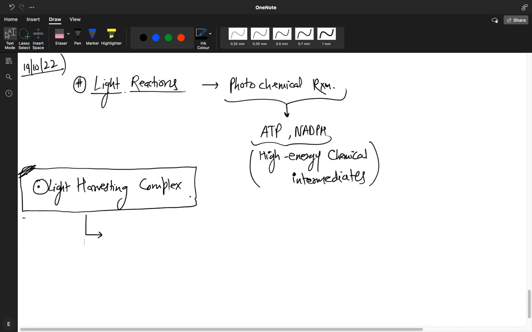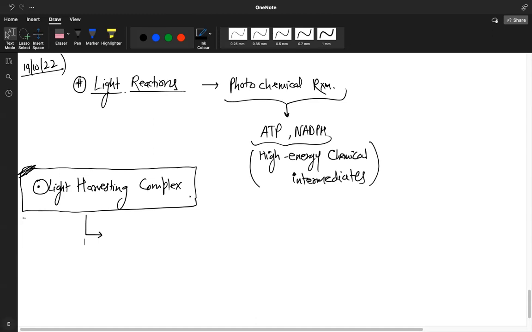These are named in the sequence of their discovery. So that's where it's opposite. Photosystem 2 comes first, so never get confused. I still believe that they should have changed it when they got to know it. But photosystem 2 comes first and then comes photosystem 1.